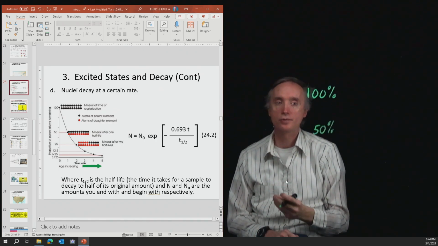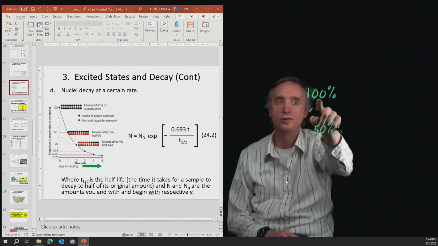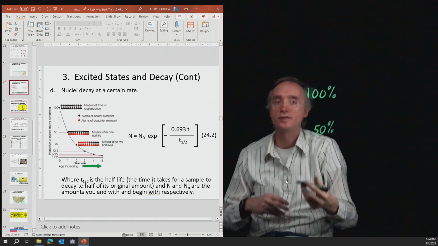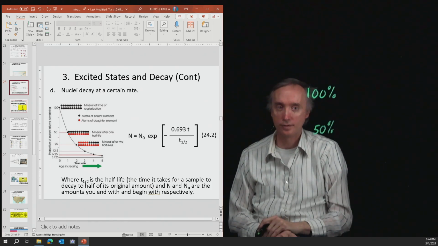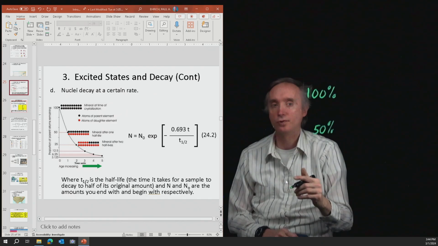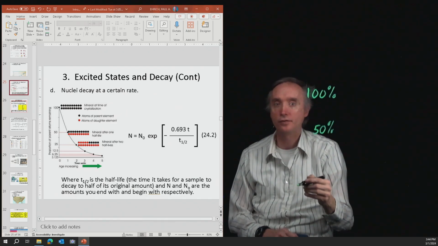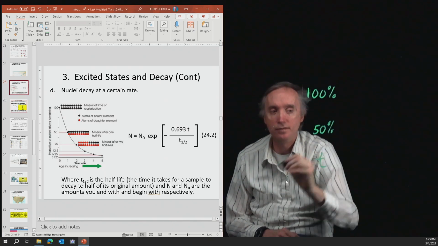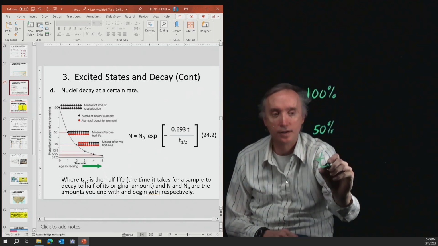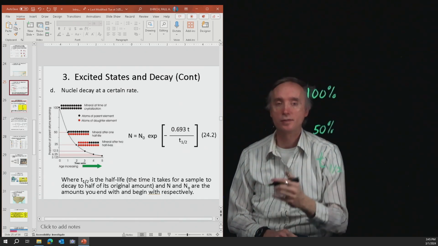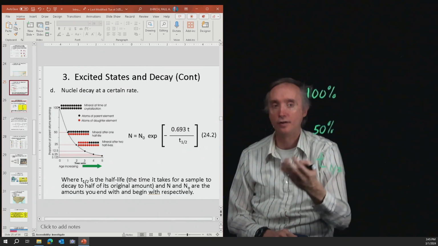So 50% of the original radioactive element turns into some other kind of element. Now, the amount of time it's going to take that to occur in is going to be called the half-life. So we're going to symbolize that with T for time, and then let's put a 1/2 on there.